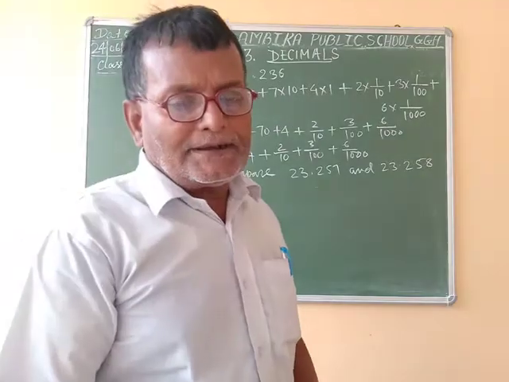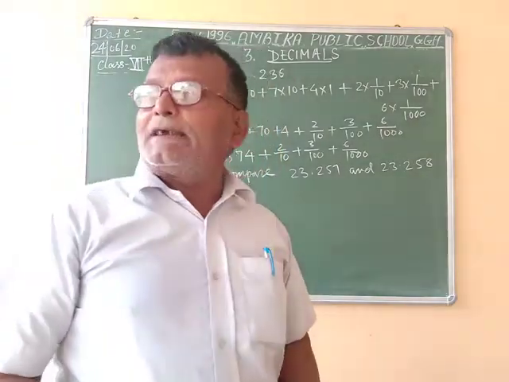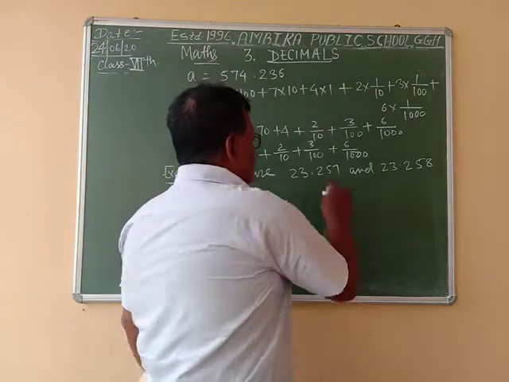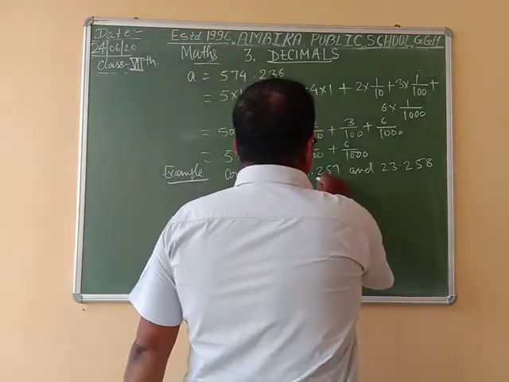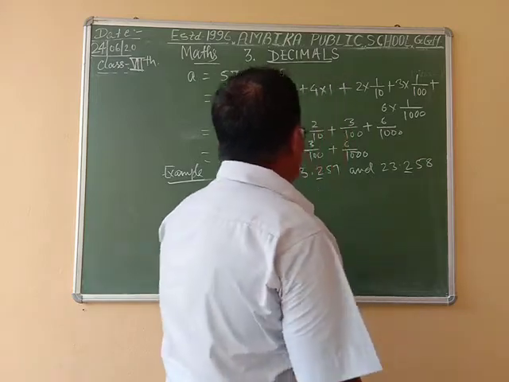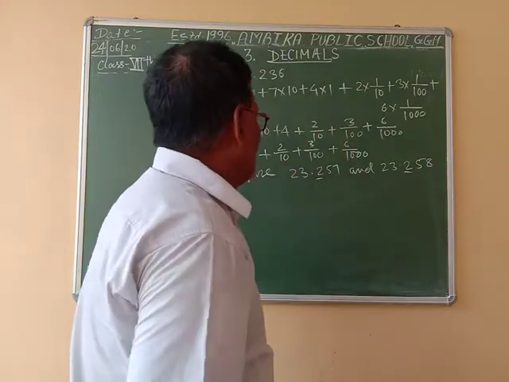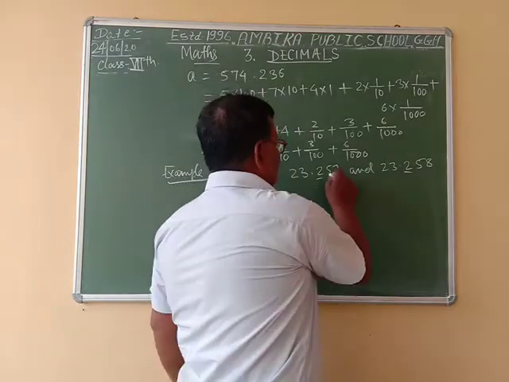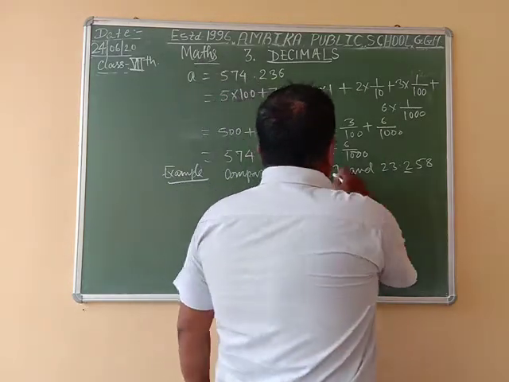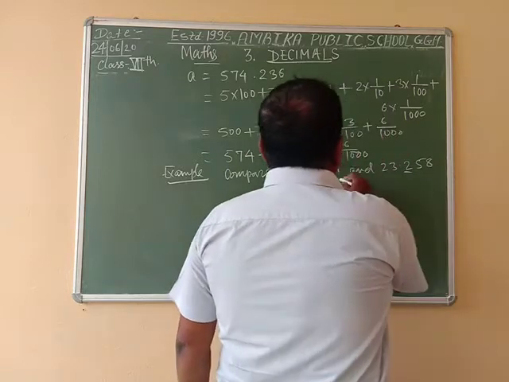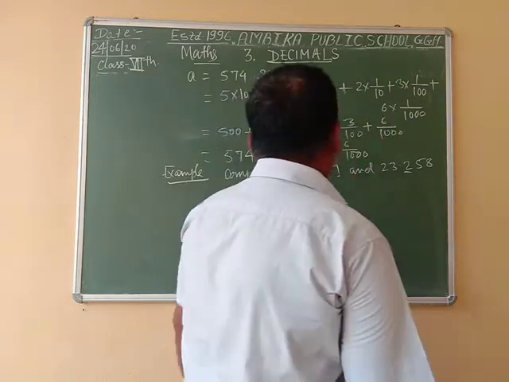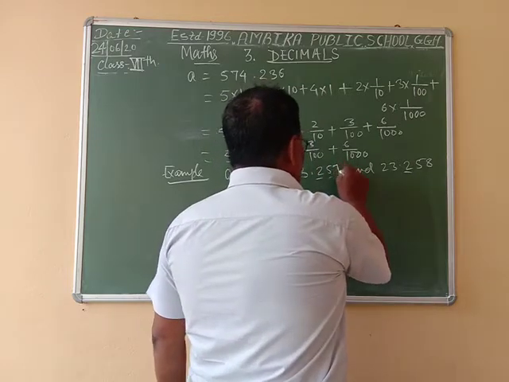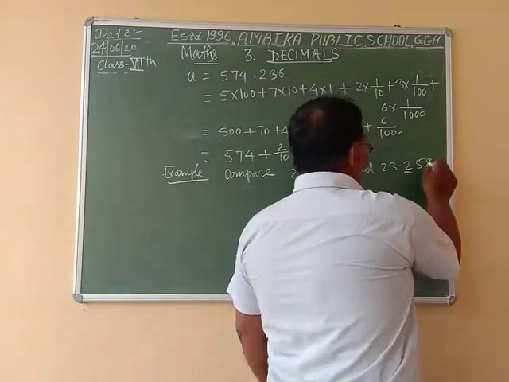Moving from left to right, the tenths place in both decimal numbers is the same, 2, and at the hundredths place 5 is the same, and at the thousandths place in the first number it is 7, and in the second decimal number it is 8.